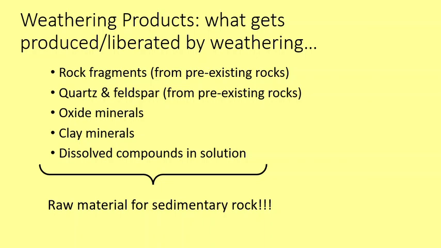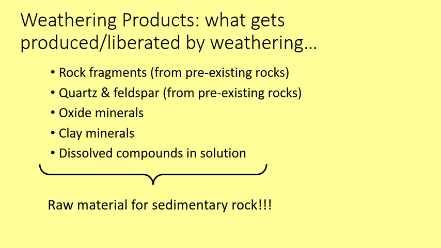Some of the pieces contain several different minerals. Those would be rock fragments, ultimately from pre-existing rocks. And if those rock fragments are then in turn broken up even more on a mechanical level, then individual minerals in those rock fragments can be liberated, primarily minerals like quartz and feldspar.